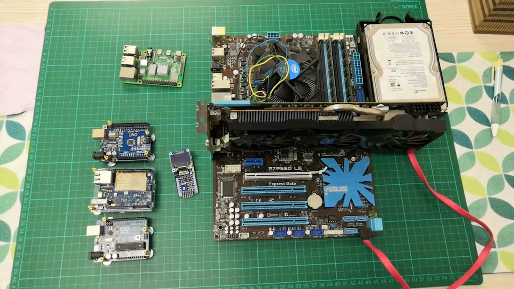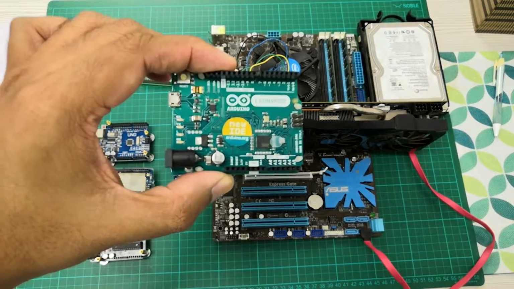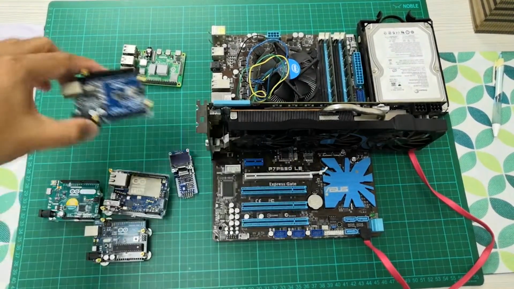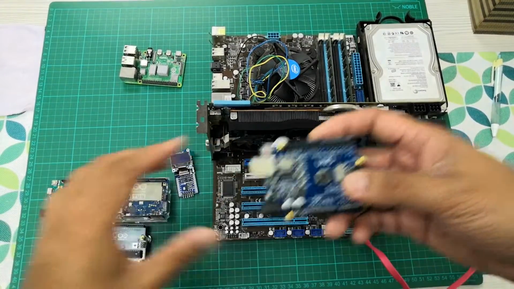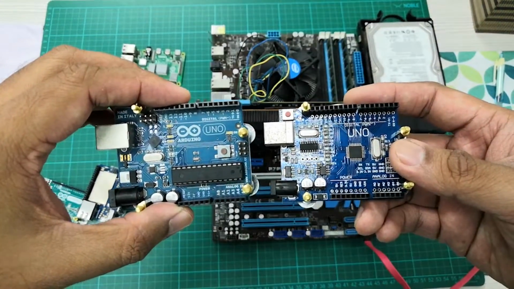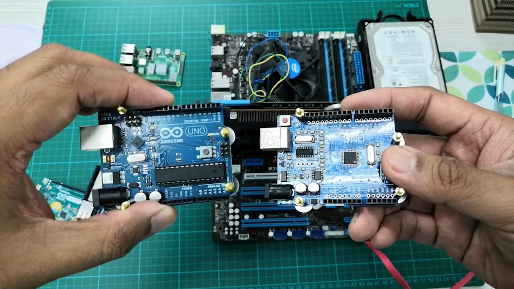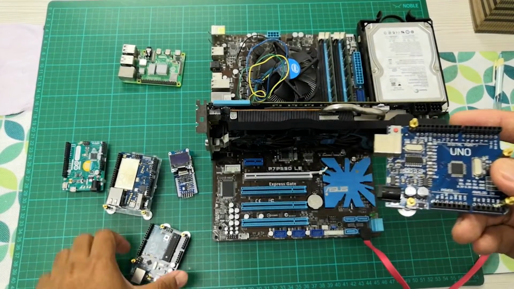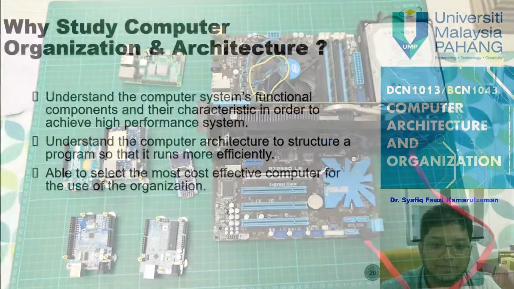Arduino also has a lot of organization styles. Here we have the Arduino Leonardo. You have the Arduino Uno, and then the Arduino Yun, and this one is the old Uno and this one is the newer Uno. You see that what differs between them is the organization, and based on the organization, they can add more functions and more ports for you to access for any projects that you have.